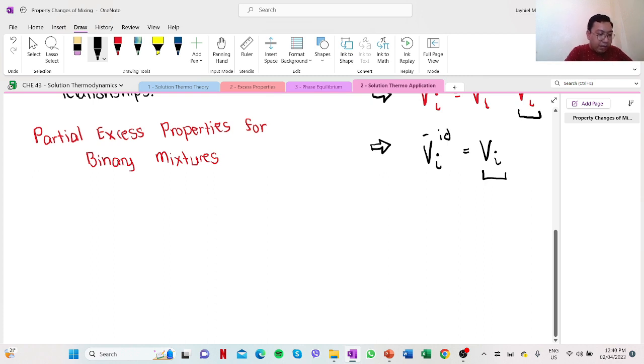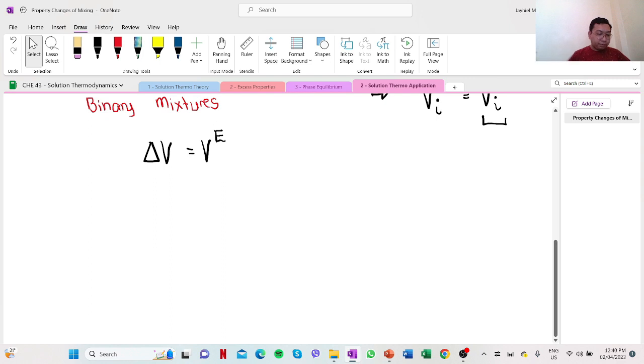We know for a fact that the molar volume change on mixing is equal to the excess molar volume.